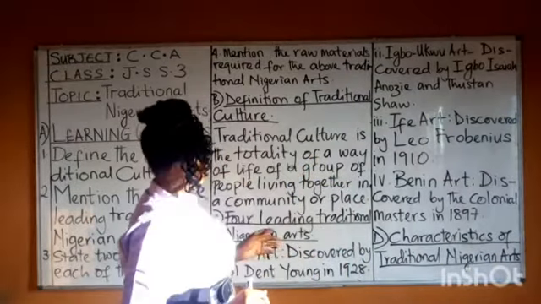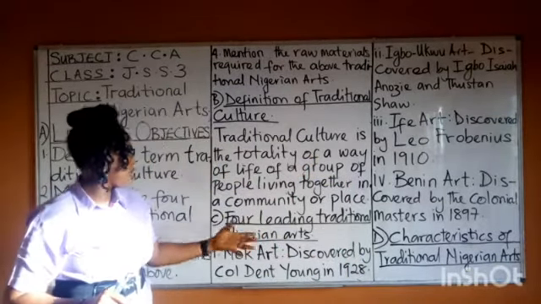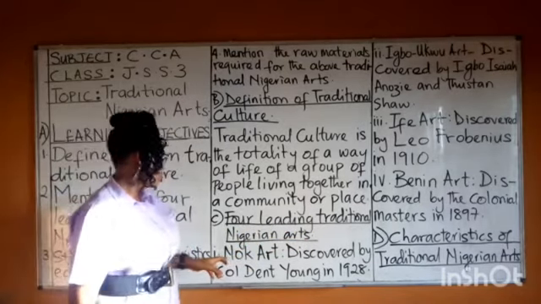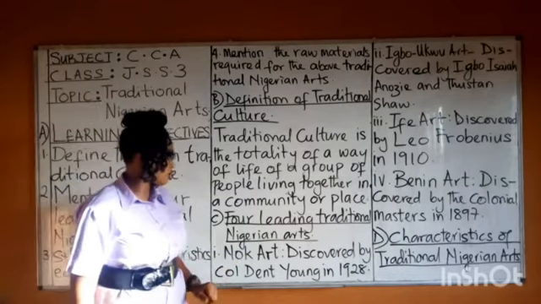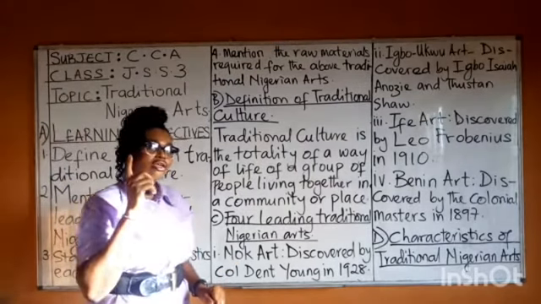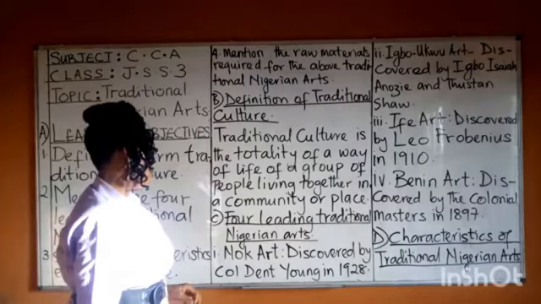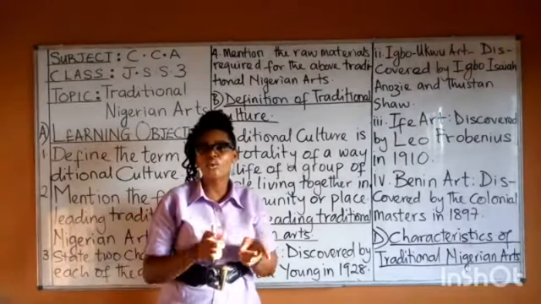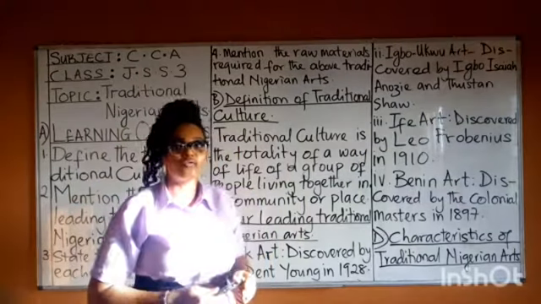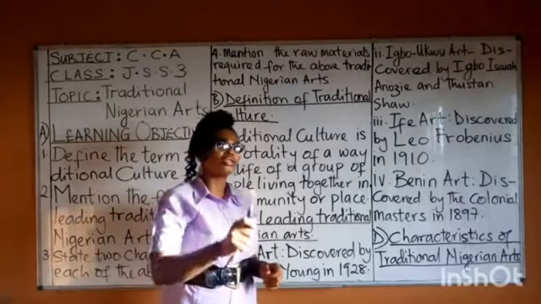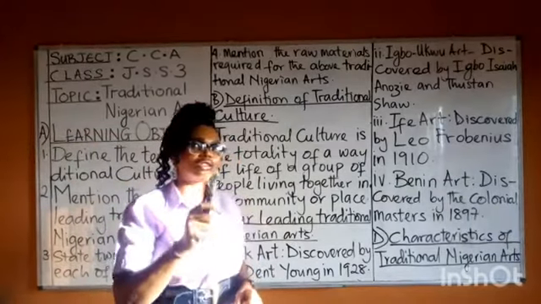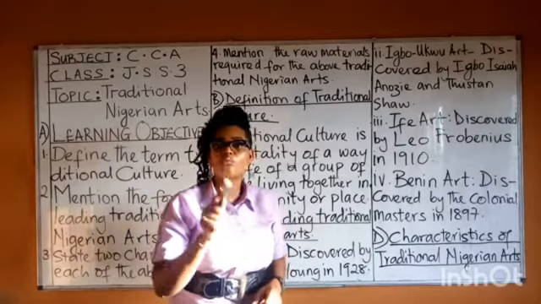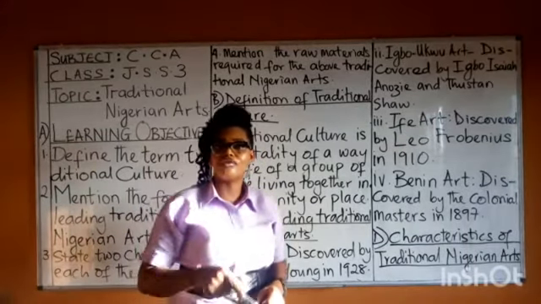Now that brings us to the Nigerian traditional arts, the 4 leading traditional Nigerian arts. Number 1, Nok is one of the first leading traditional Nigerian arts, discovered by Odentiong in 1928 in the northern part of Nigeria, Jos Plateau State, and somewhere in southern Zaria, Kaduna.